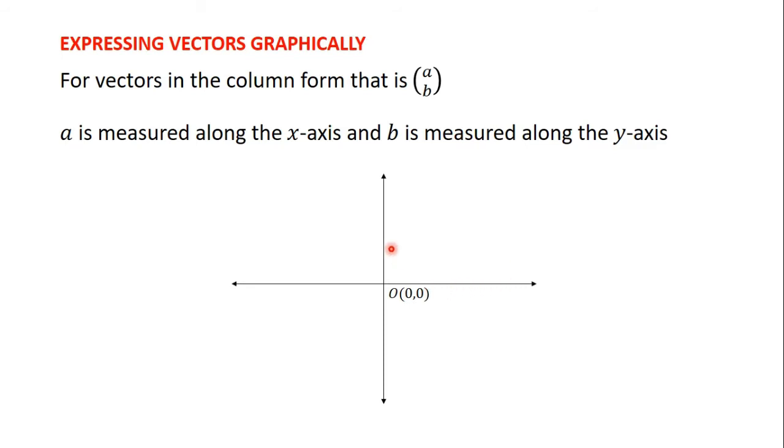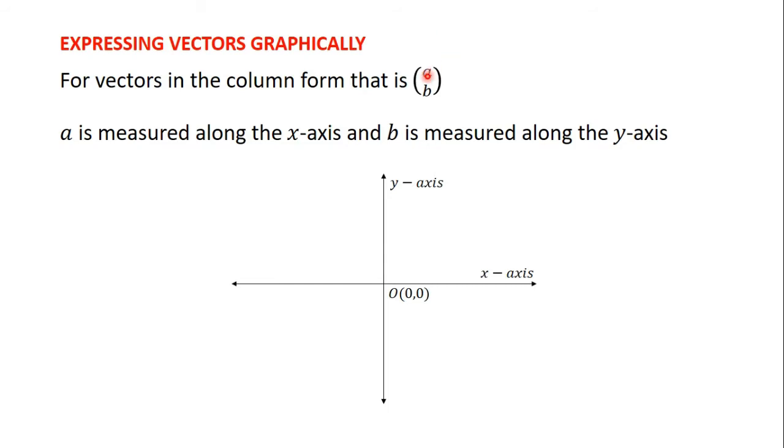If you draw your Cartesian plane like this, with this point here as the origin, this line is our x-axis and this line is our y-axis. If you have a vector in the column form written as AB, A, the first value, is measured along the x-axis, and B, the second value, is measured along the y-axis.